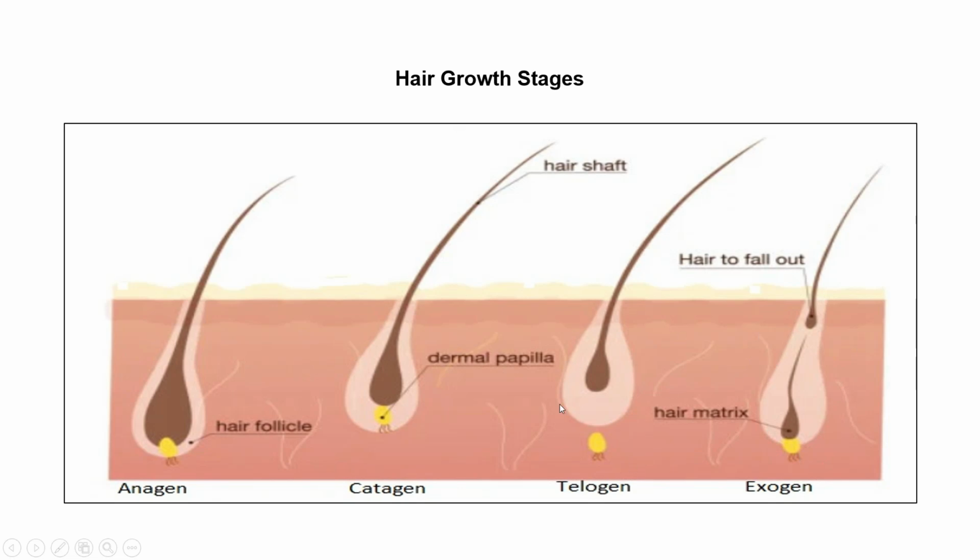The telogen phase stays for 3 months, and anytime it can shed out. After that the anagen phase starts again, and you can see it has started growing again. This is how any hair follicle repeats this cycle around 15 to 30 times during its lifespan. So these are the hair growth stages, and you can also call it the hair growth cycle.